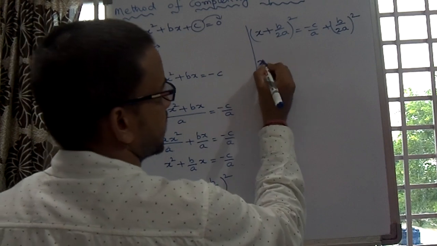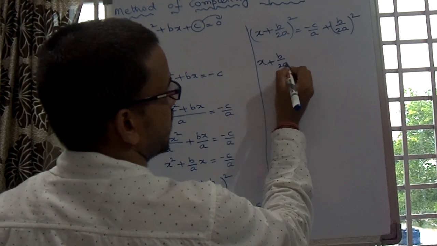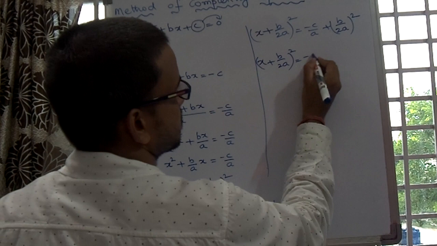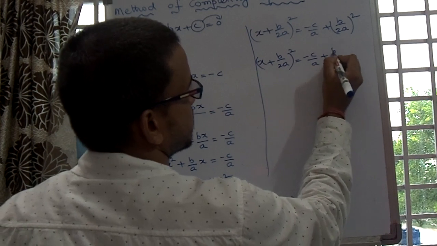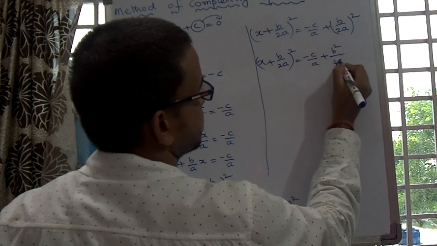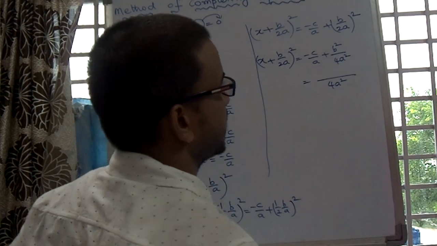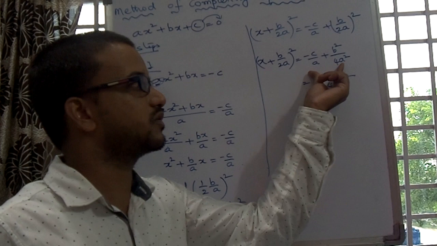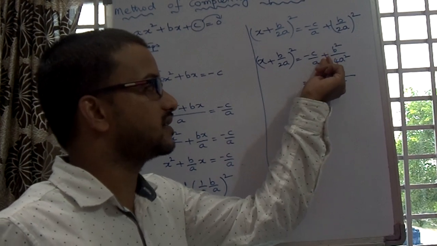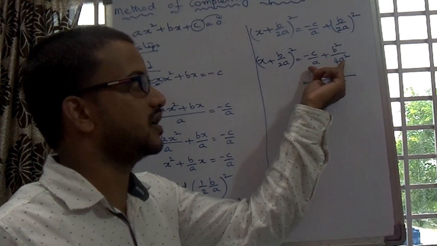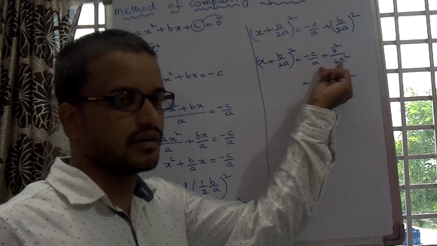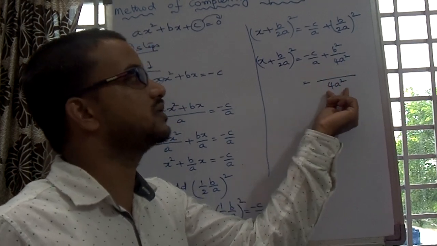That is our intention. x plus b by 2a whole square is equal to minus c by a plus b square by 2a whole square, whose value is 4a square. So here take the LCM. 4a square is the LCM of the denominators. Here we have to simplify, that is, add the fractions. These two are unlike fractions, so we have to take the LCM.